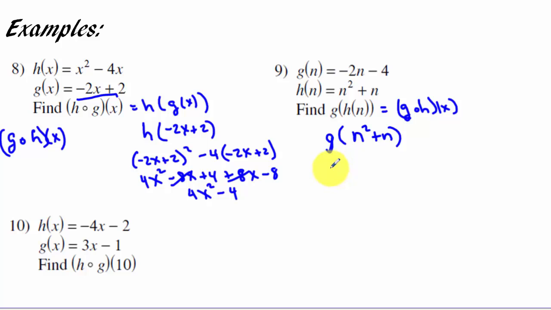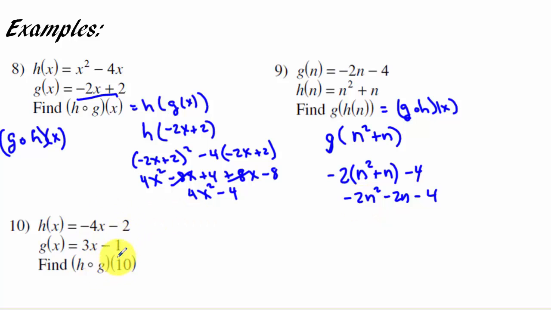And we're going to now plug that into the g function. So this goes in here, so -2, and we're going to replace n with h of n. Now we can just use our algebra skills to simplify the expression, and that's as far as we can go.